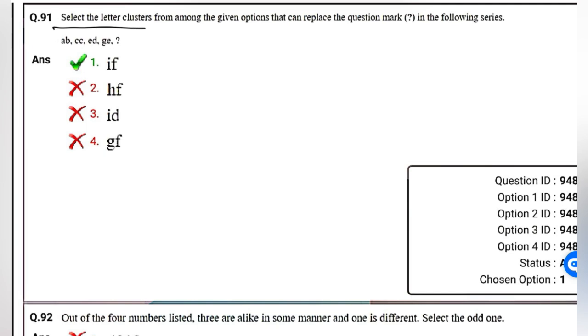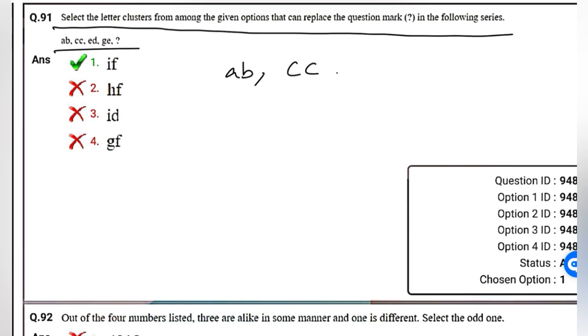Select the letter cluster from among the given options that can replace the question mark in the following series. The series is AB, CC, ED, GE and question mark.